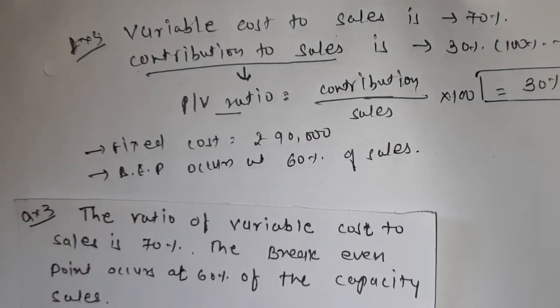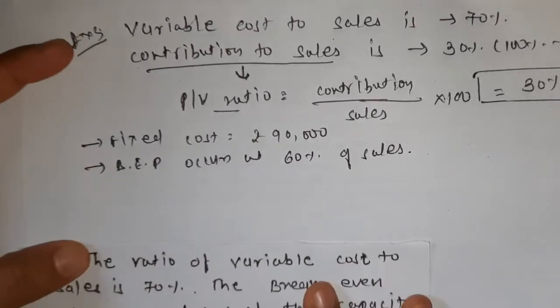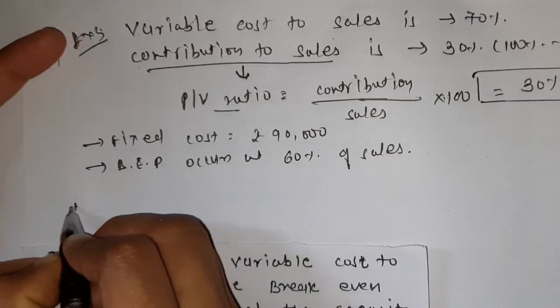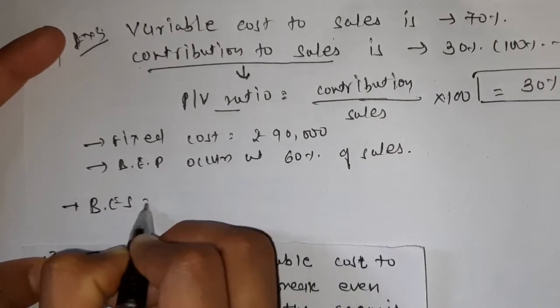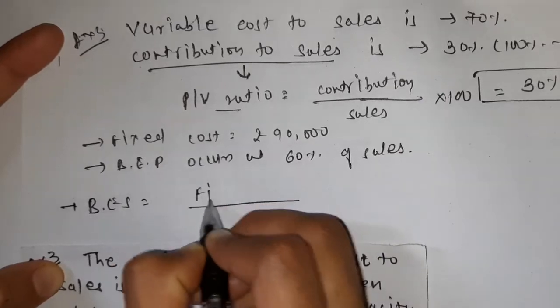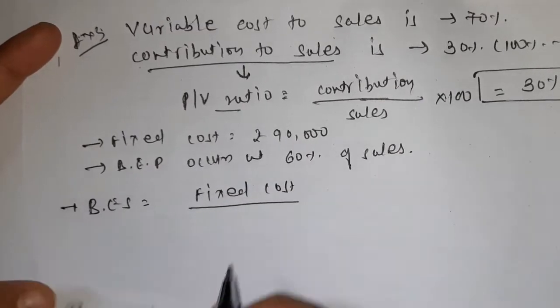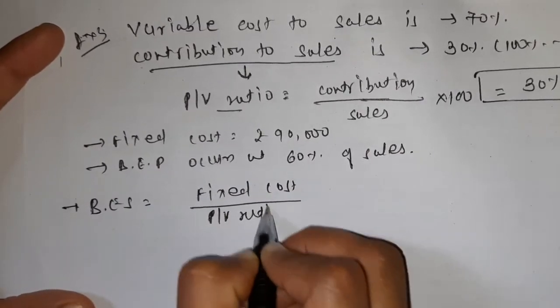Okay. Here we have to find the capacity sales. So what we do, we find the break-even sale first. So what is the break-even sale? It is the fixed cost divided by PV ratio.